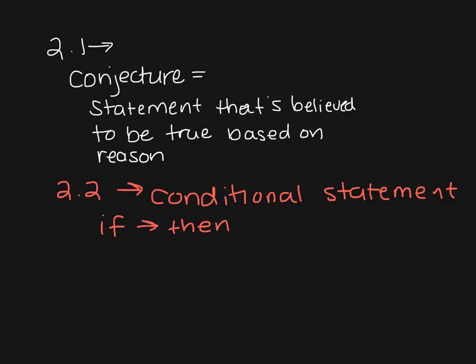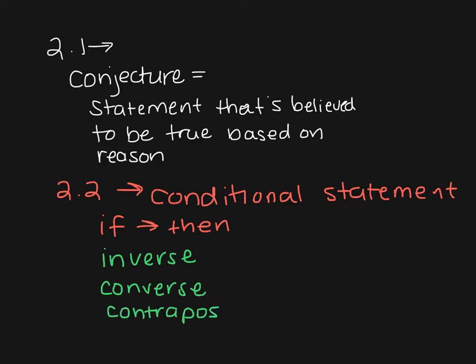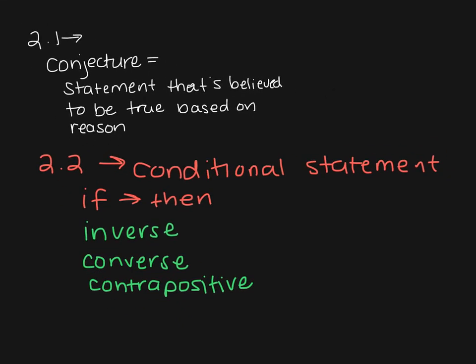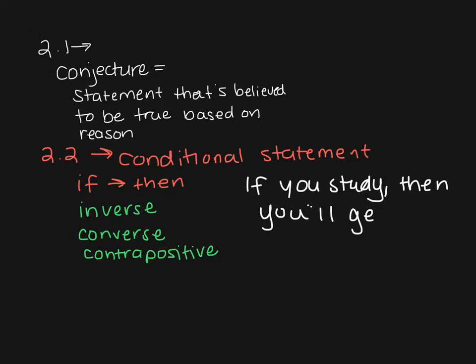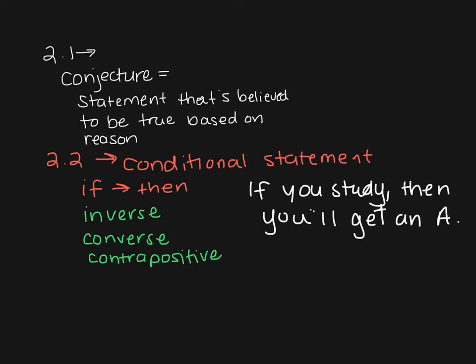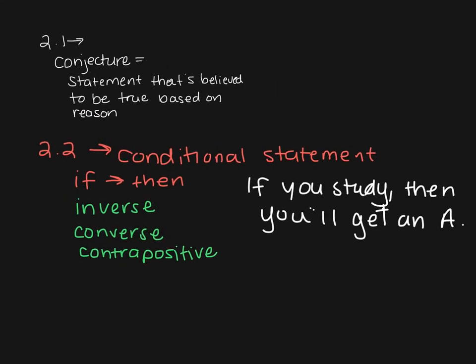And then based on the conditional statement, you learned an inverse, a converse, a contrapositive. So if we started with the statement, if you study, then you'll get an A. If we asked if that was true, that's not necessarily true.